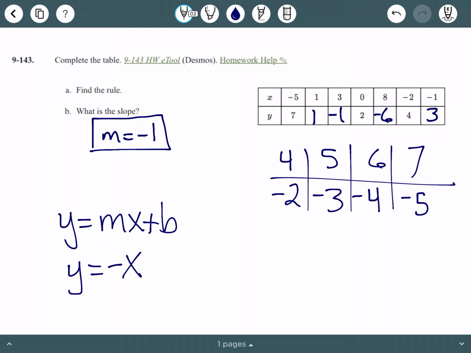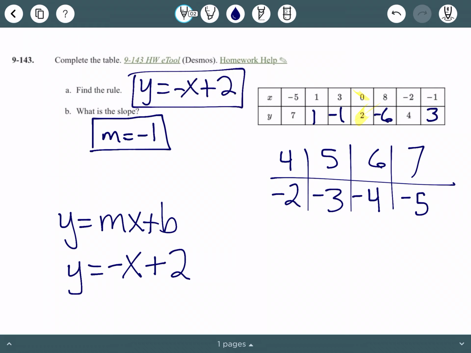So it's going to be y equals negative x plus b. Well, b is my output for an input of 0. So let's see, I have my input of 0 with an output of 2. So my b is 2. And our rule is going to be y equals negative x plus 2. And that is all for this one.